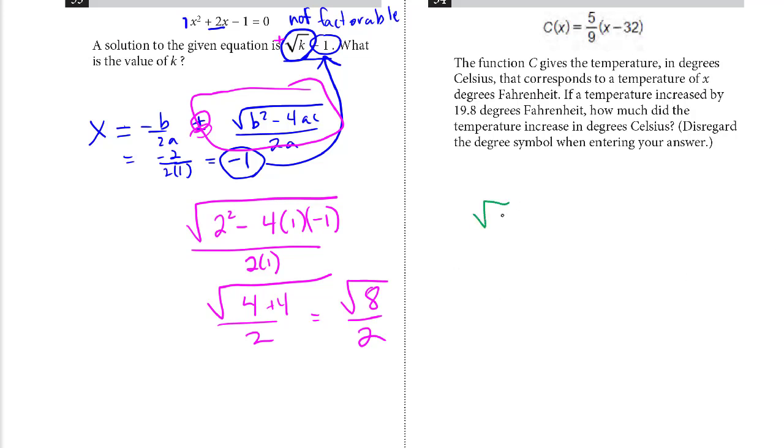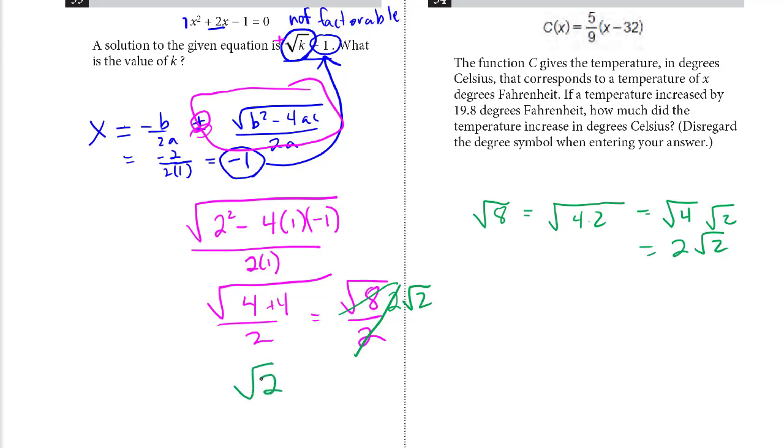The square root of 8 is really, if I factor it out, the square root of 4 times 2, which in multiplication we can break out the radicals to square root of 4 times square root of 2, which is 2 root 2. So I can replace that square root of 8 with 2 root 2. Now my 2's top to bottom cancel. And my solution on the second form here, the second term of the quadratic, is the square root of 2.